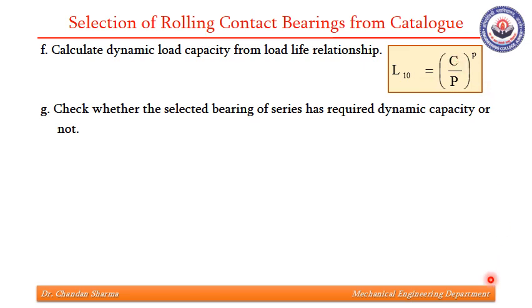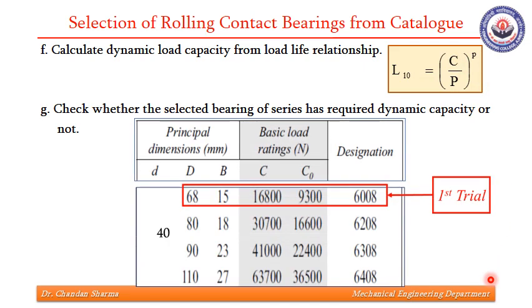Now we need to check whether this C which we have calculated is more than the C which is stipulated for the first trial bearing or less than it. Suppose C comes out to be say 18,000 newtons, but actually the bearing has C as 16,800 newtons.